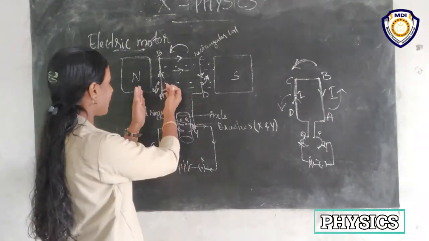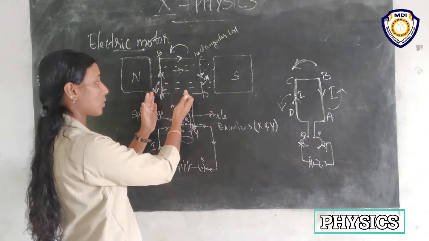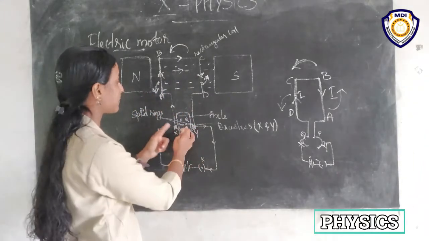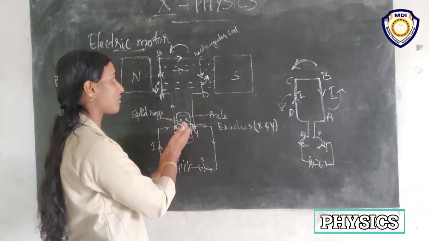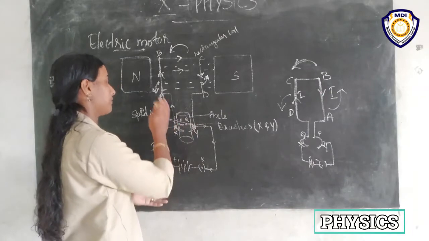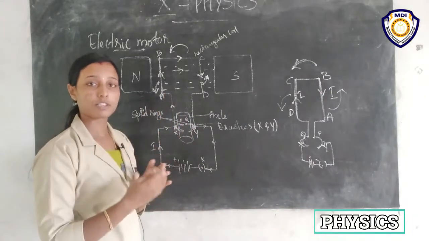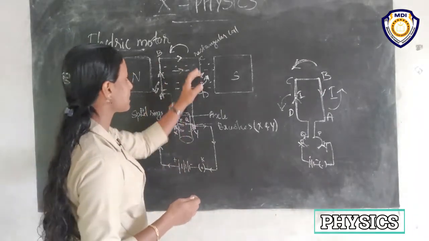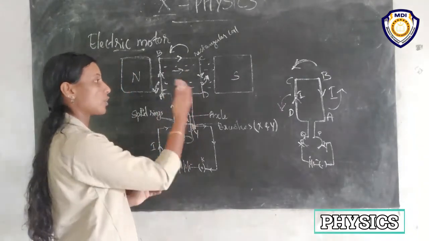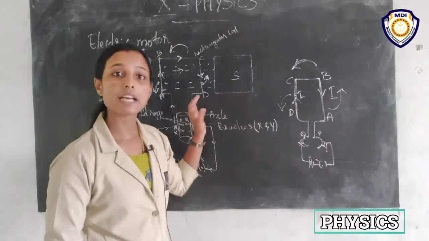That force makes the coil rotate in the anti-clockwise direction, right? And these split rings get reversed when half rotation is complete, and that reversal reverses the current flowing through this rectangular coil. That makes the continuous rotation of this armature.